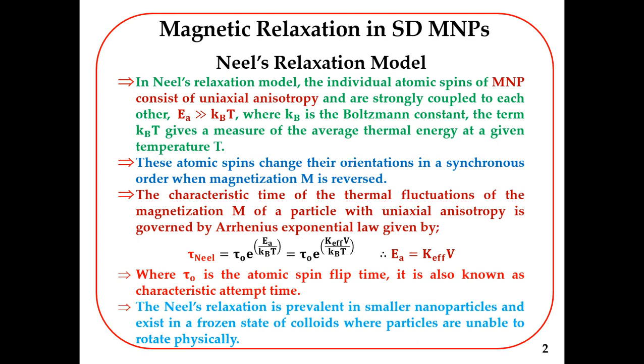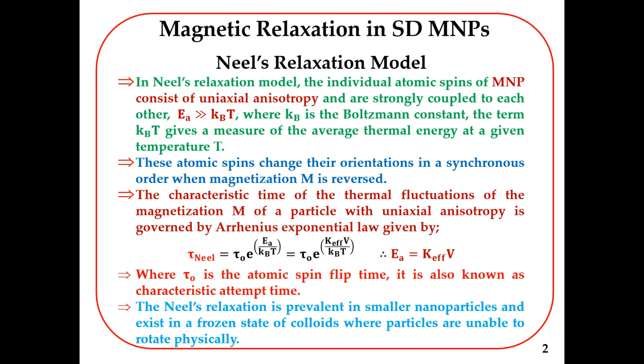We already discussed it. The characteristic time of the thermal fluctuations is governed by the Arrhenius exponential law, which gives us the Neel time. E is the anisotropy energy and KBT is the thermal energy.